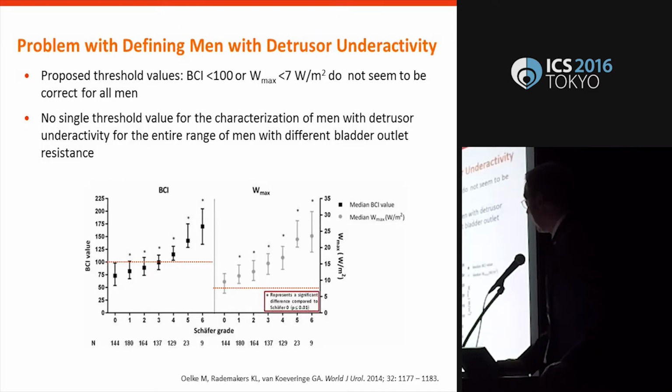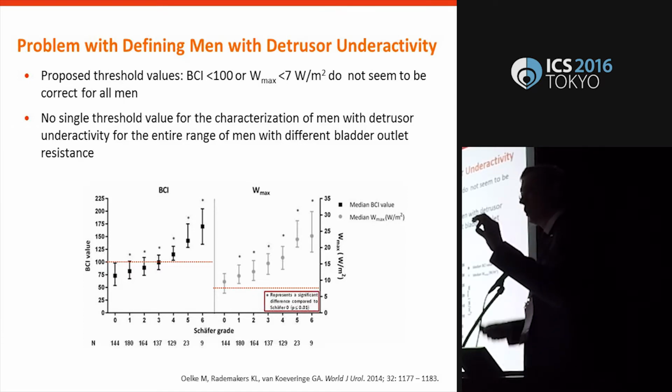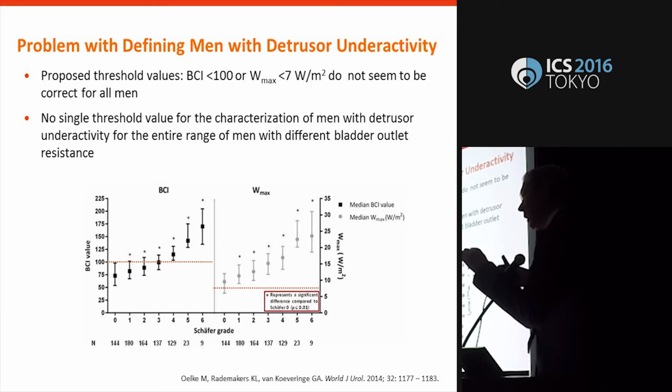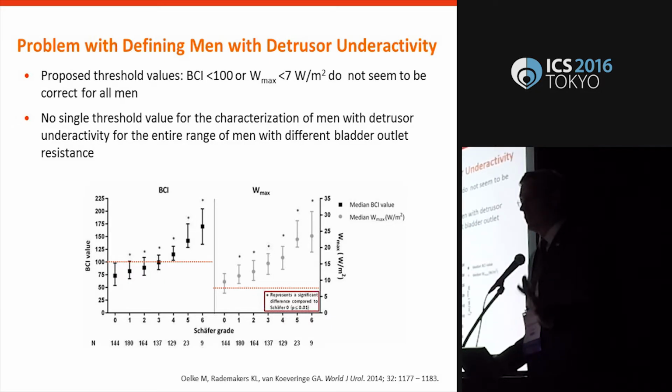So now we have a problem, because when we choose threshold values, we want one value that we can remember, like a bladder contractility index below 100, which we define as detrusor underactivity.